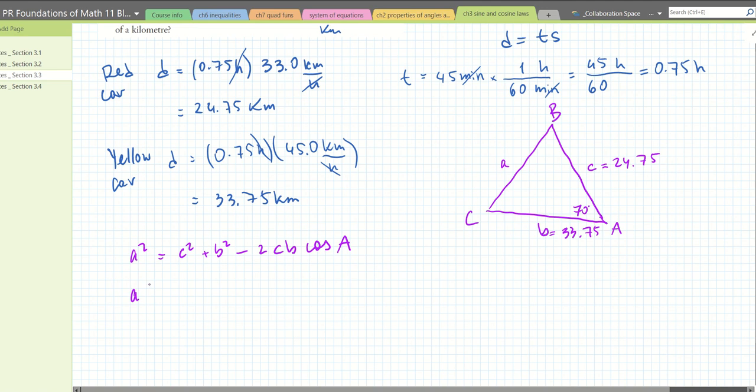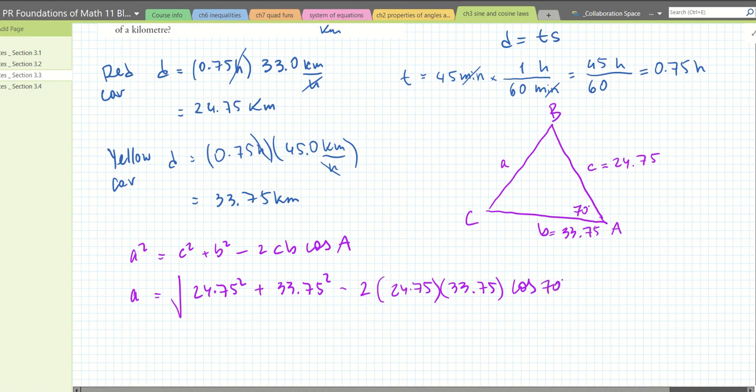So A is going to equal the square root of c squared, which is 24.75, plus b squared, which is 33.75. So don't forget to square it, minus 2 times c, which again is 24.75, times 33.75, times the cosine of A, where the angle A is 70.